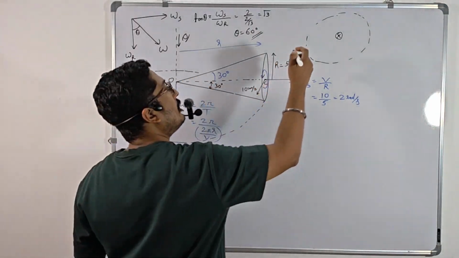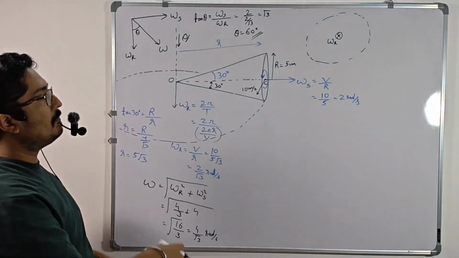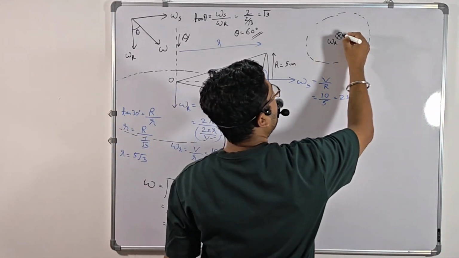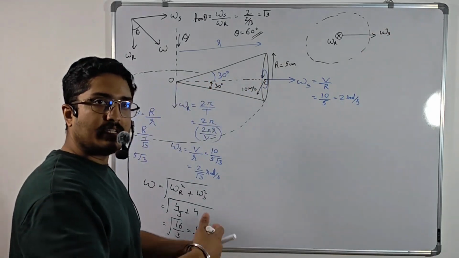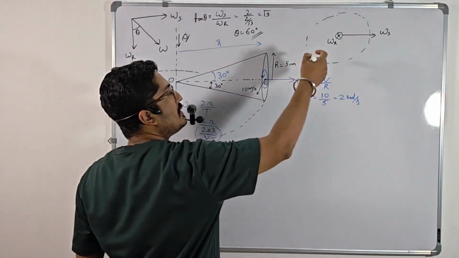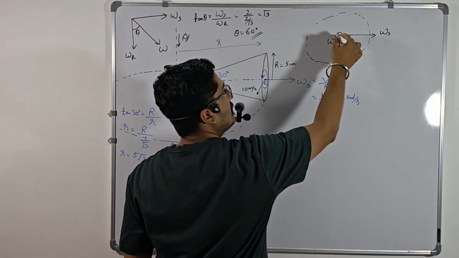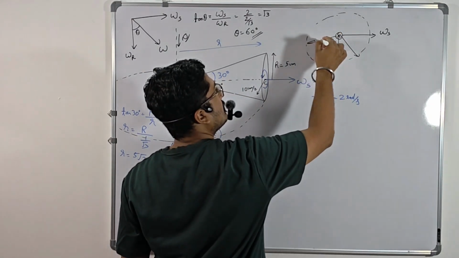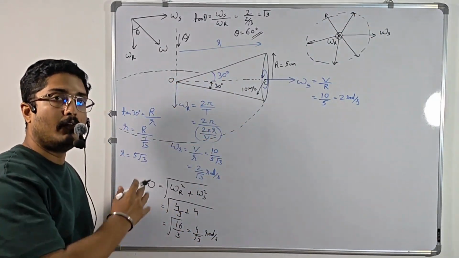At this moment I have the omega s vector in this direction. After some time, because of the rotation, the omega s would become in this direction, and after some time it will become in this way. So basically my omega s vector keeps on revolving.